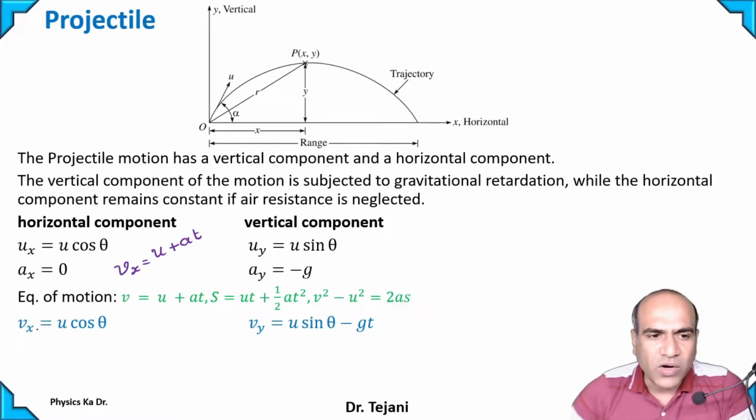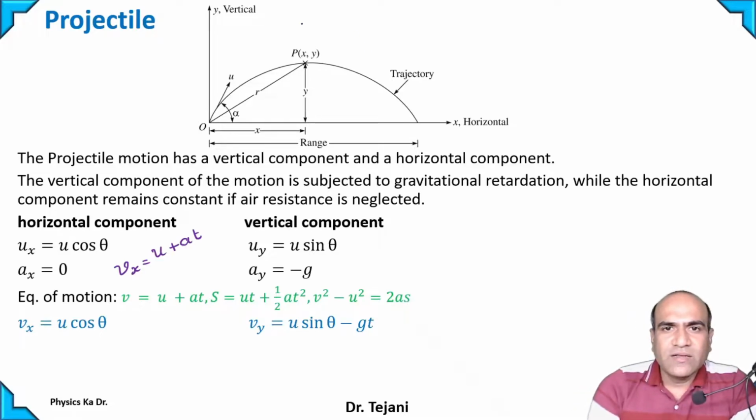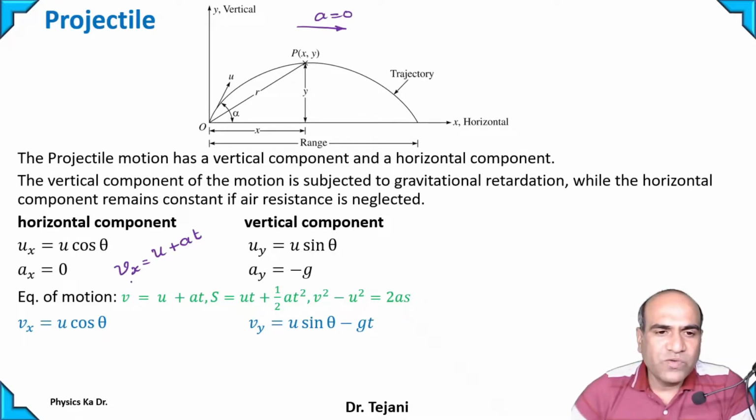But for horizontal motion we know there is no acceleration, so a becomes 0. In the horizontal movement there is no a. So Vx, the velocity in the x direction after some time, is equal to Ux, and we know that Ux = u cos theta.